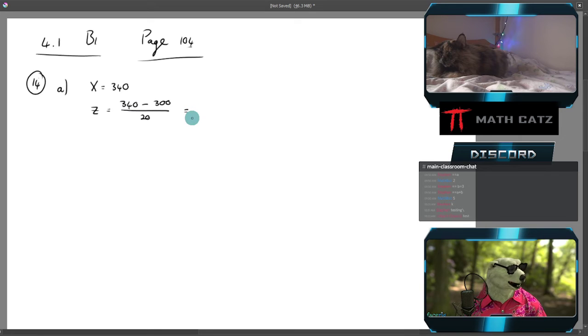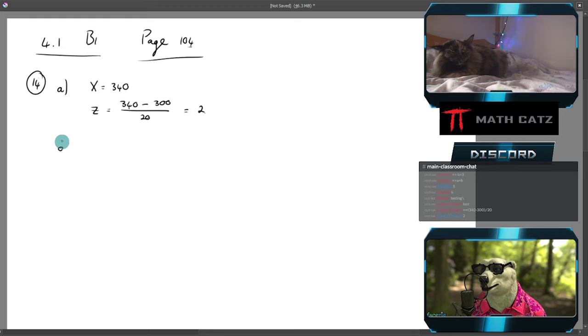Let's calculate that. It should show up here on the right, but I'm always a little suspicious with my Discord insert not doing what I want. And we divide by 20 and we get a 2.